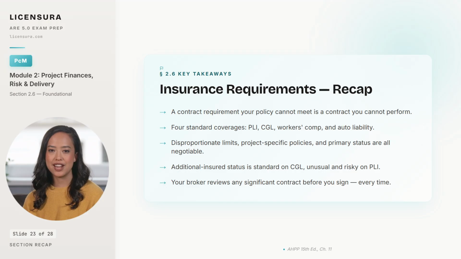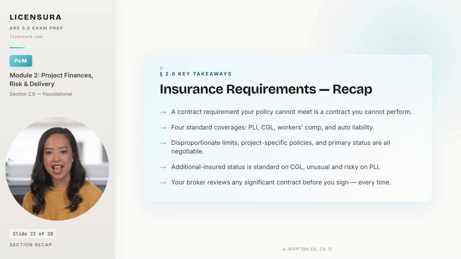Third, contracts that demand disproportionate limits, project-specific policies, primary and non-contributory status, or other unusual terms are negotiable, and the negotiation starts with your broker, not with the owner. Fourth, additional insured status is standard practice on commercial general liability, common on auto, almost never written on professional liability, and not applicable at all to workers' compensation.